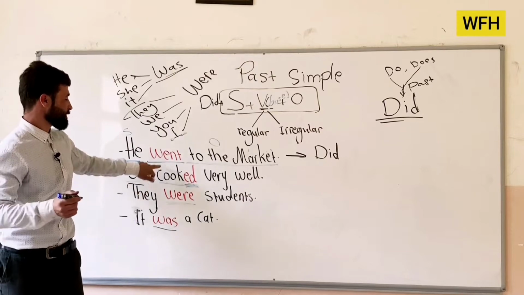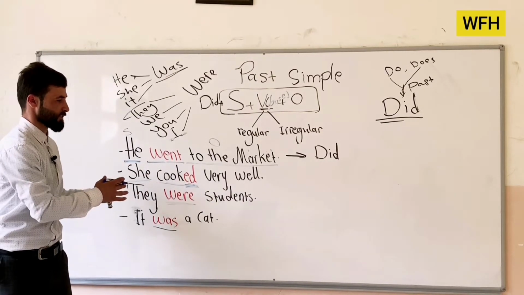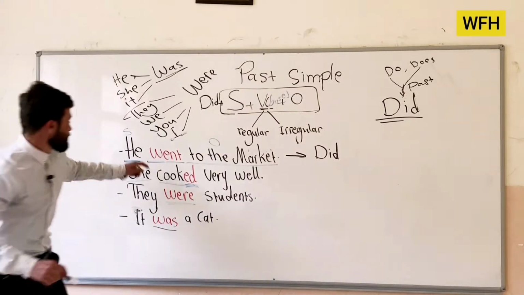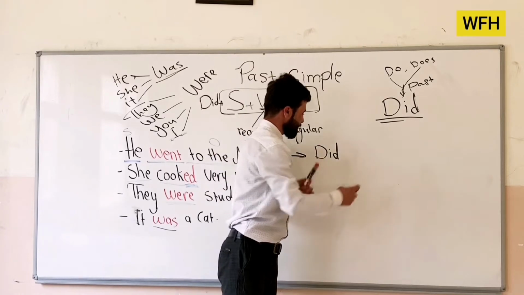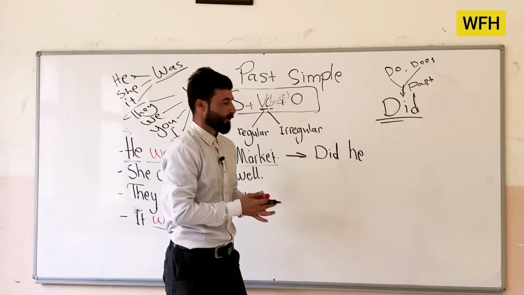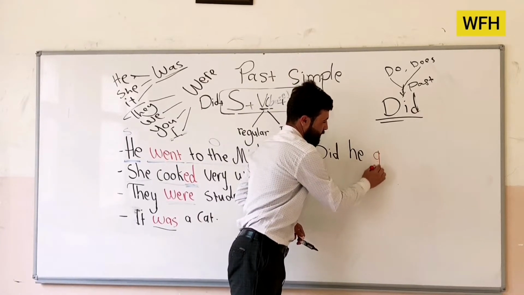This means that the past verb is replaced by the present verb. Did he? We have went here, but when we use did, it's going to be go.